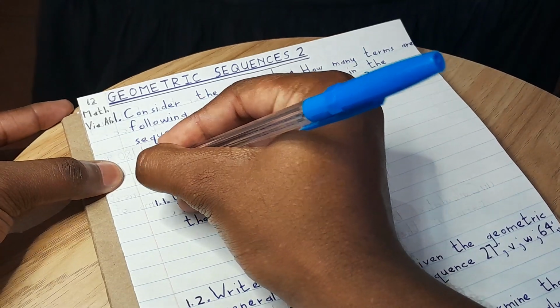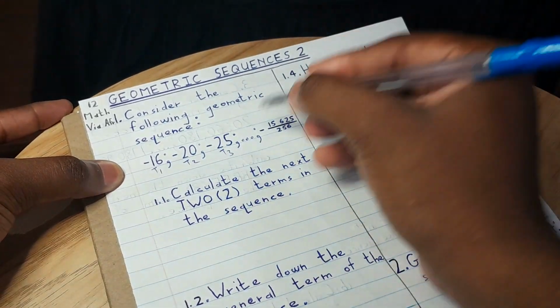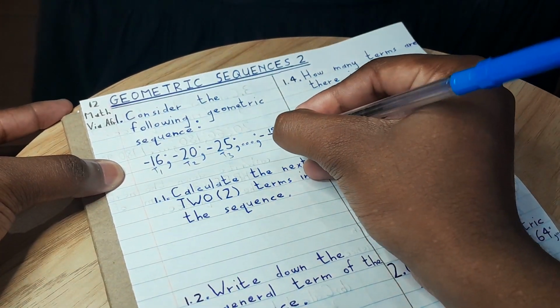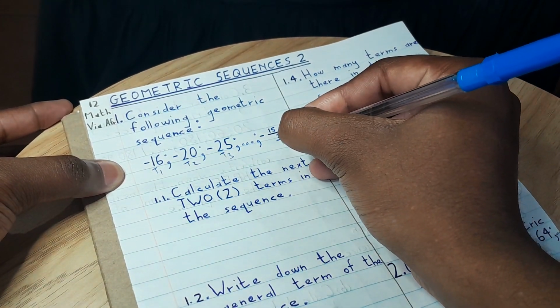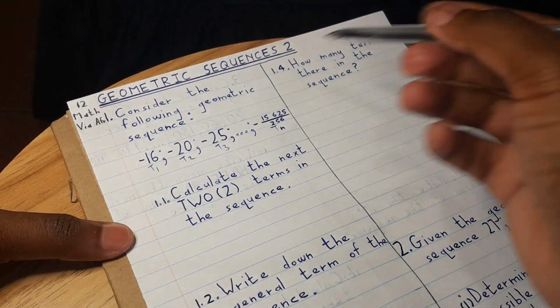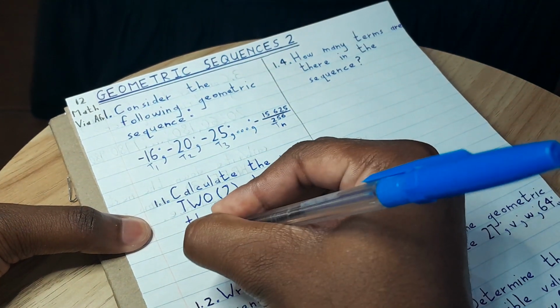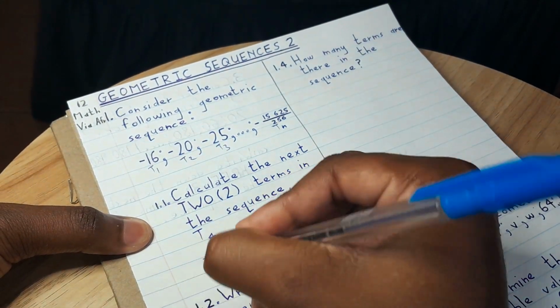So we have T1, T2, T3, then those in between. We don't know what term this is, so it will just be Tn. We just need to calculate T4 and T5.